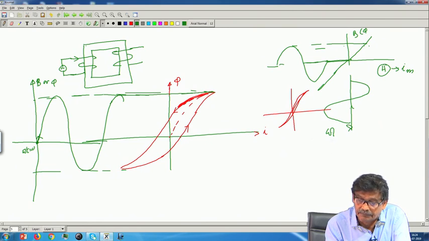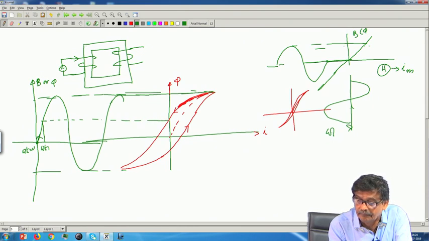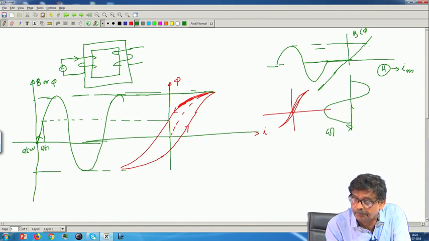So, from this curve, take this point at omega t equal to 1, omega t 1 at this time. This is the flux. How much current is necessary? Go horizontally. Which point should I read? This point or this point?